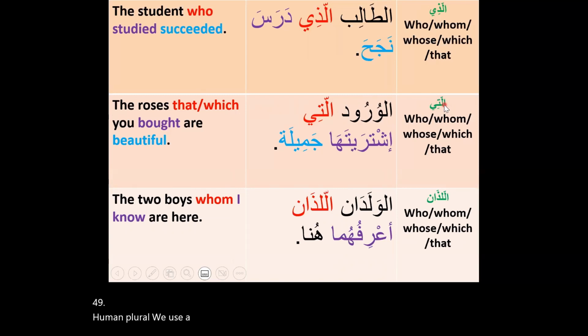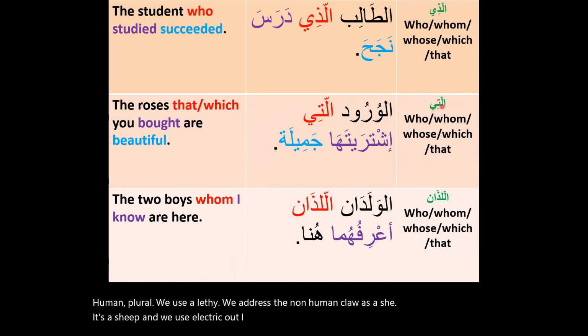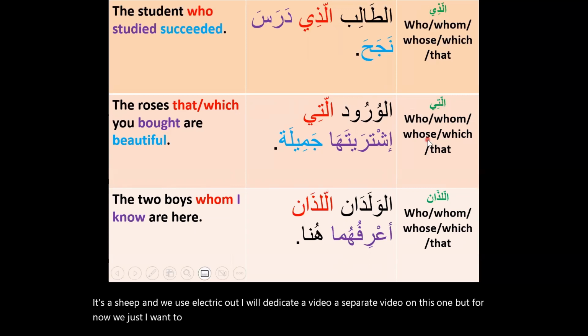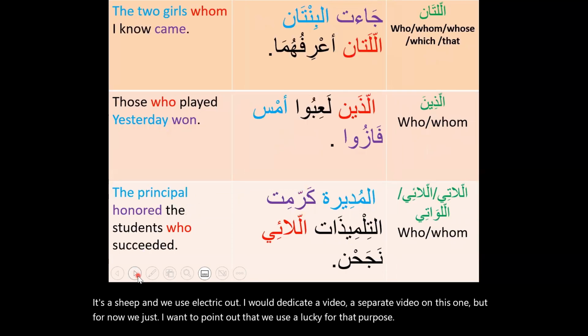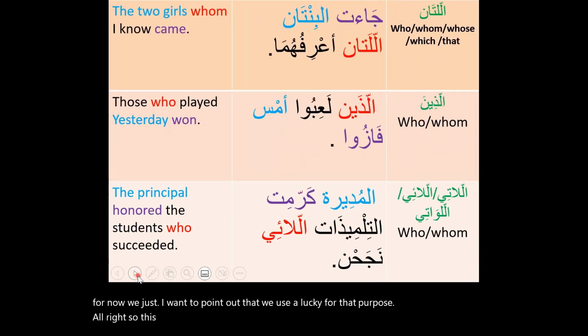We address the non-human plural as a she. It's a she, and we use التي. I will dedicate a separate video on this one, but for now, I just want to point out that we use التي for that purpose.